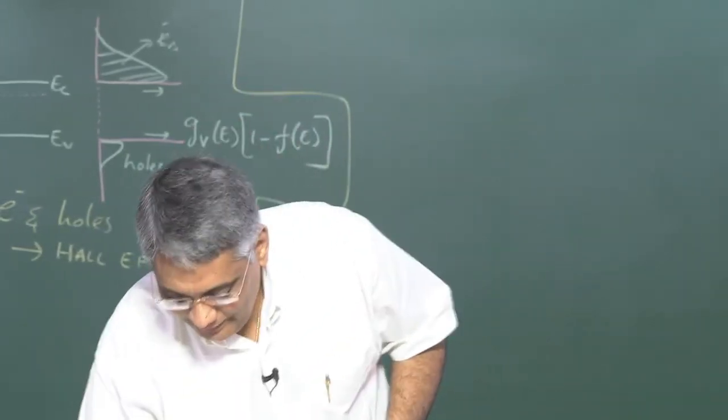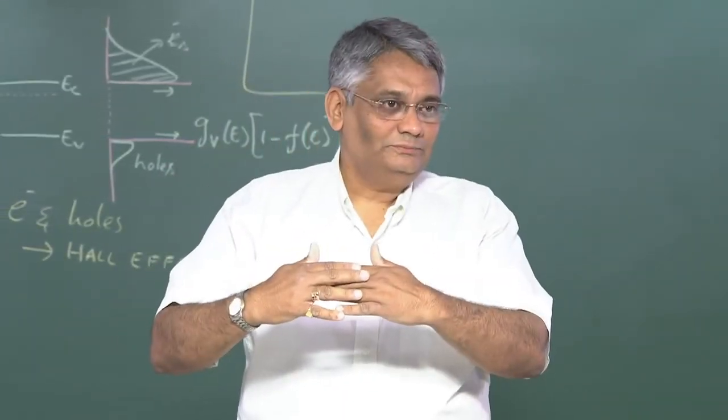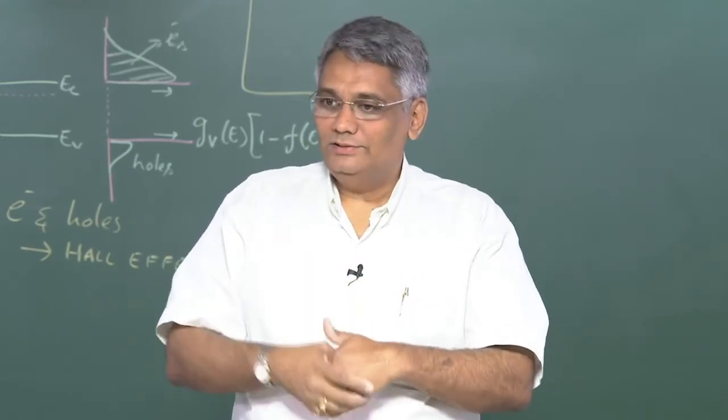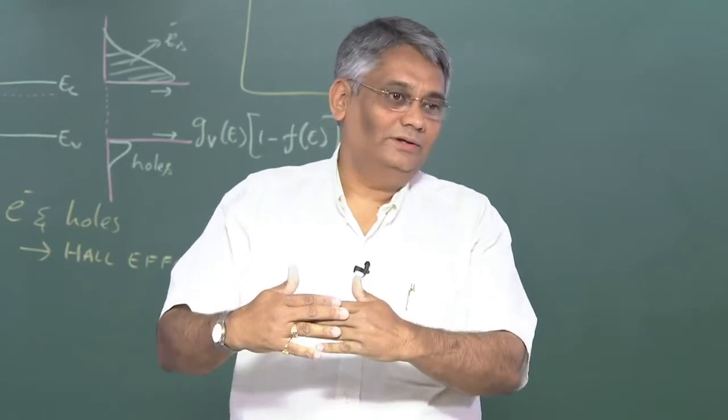Now, I make a very thin layer sandwiched between two layers whose band gaps are different from the intermediate layer, which I call the quantum well. The whole idea is I want the carriers to get confined in the intermediate layer. So the boundary conditions apply there.